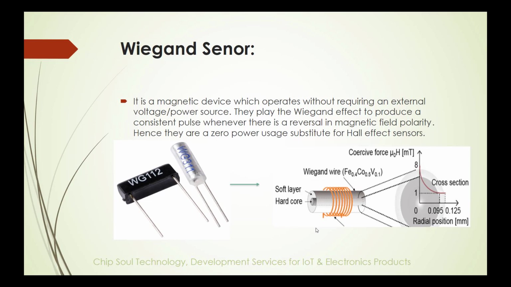You can see here there are many shapes of the Wiegand sensor, like the cylindrical one, and the other one is like this, which is the WG112. The sensitivity changes with the shape of the sensor, but personally I am using the WG112 because it is very sensitive to the magnet, so that's why we will use it in the future slides as well.